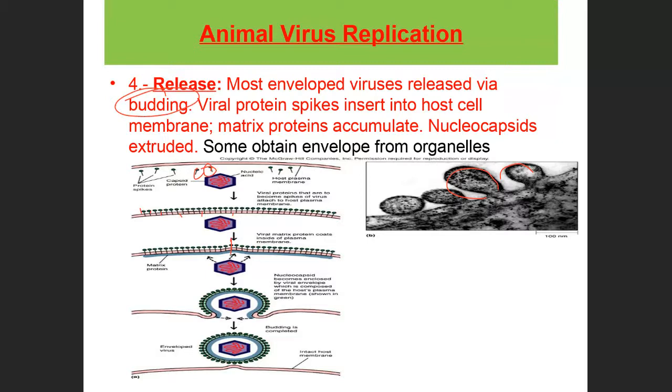The viral particles begin to push against the cell membrane and eventually push it enough to take it away, and the virus is budded out, released with the envelope around it. The advantage of budding is that it doesn't kill the host cell, so the host cell can continue shedding viral particles.